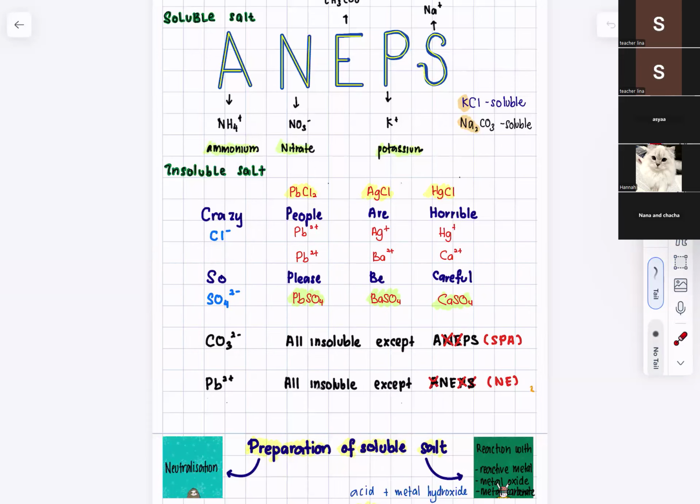Soluble. Okay. Lead II sulfate. Insoluble. Sodium carbonate.